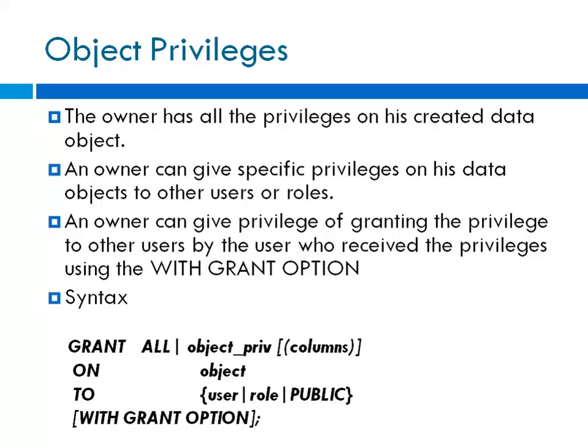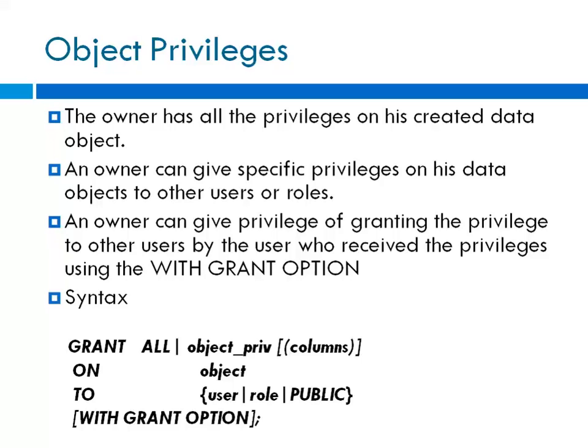So what is the syntax? The syntax is grant. Either you can give all or you can give the privilege. If you want to give multiple privileges, you can separate the privileges by commas, and you can also specify here the column names on which you want these privileges to work. If you want to give all privileges, then you can write the all keyword here. On, then you have to define the object.